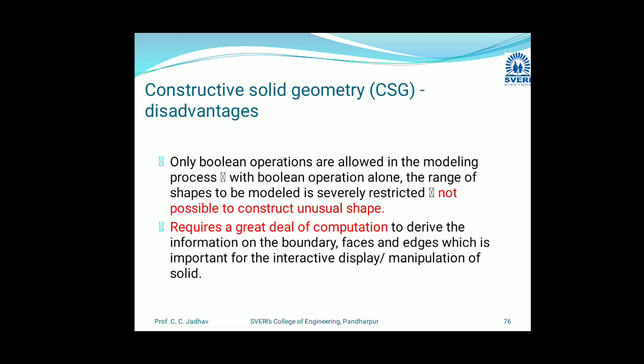For that we need computation, so that the information is represented as the boundary and faces of the model. It is also difficult to show all the information regarding the model, because the computer must do more computation to derive the information of the model. So these are the disadvantages of CSG.